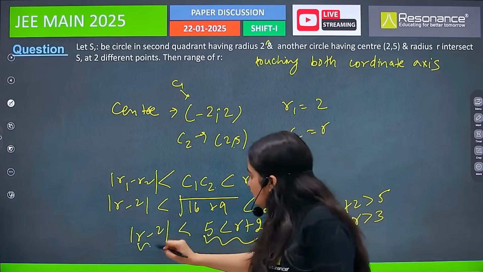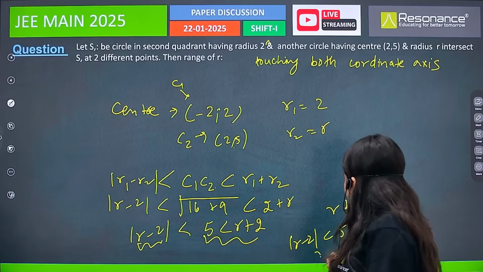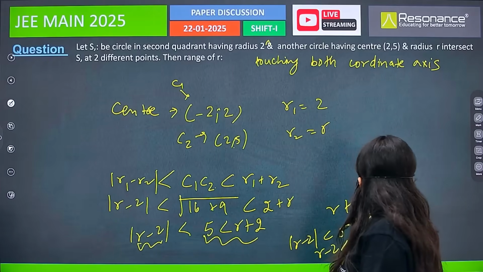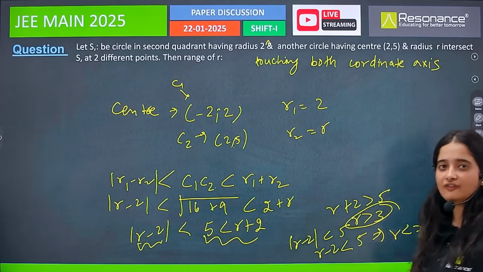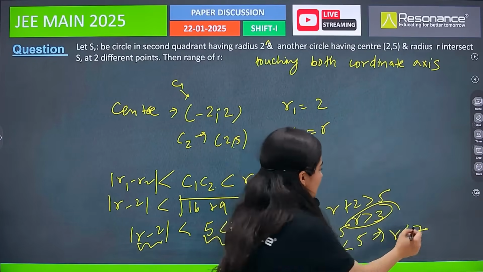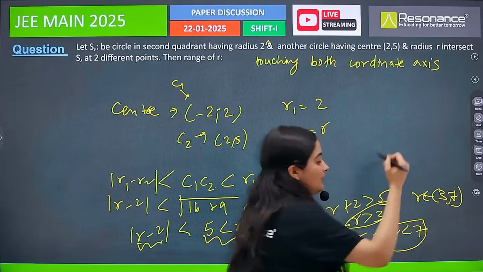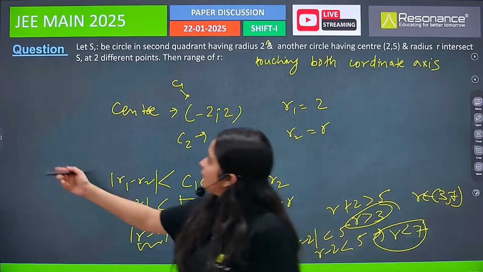If R is greater than 3, obviously mod R minus 2 is less than 5, I can say R minus 2 is less than 5. This is a positive number, so R is less than 7. R is greater than 3 and R is less than 7. So R will belong to the open interval 3 comma 7. So let's move to the next slide.